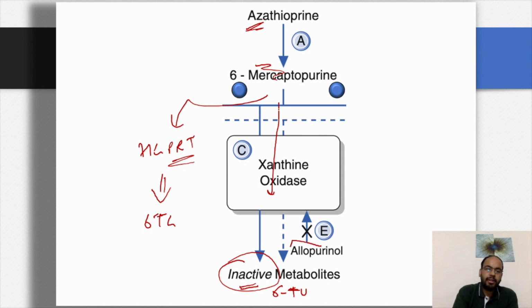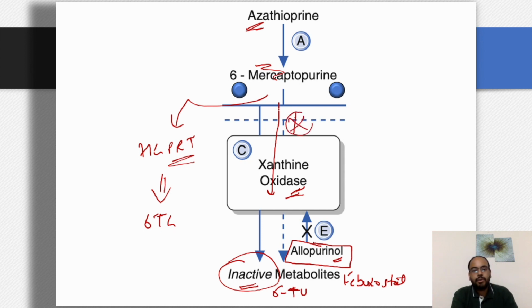But if you're on a drug known as allopurinol, usually used when there is high uric acid, xanthine oxidase is an enzyme for uric acid metabolism. So a patient who has gout might be taking allopurinol, or febuxostat is another drug. And if xanthine oxidase is inhibited, that means this pathway is now closed. The AZA or azathioprine cannot go to this pathway, and it will be shunted more towards the HGPRT pathway.